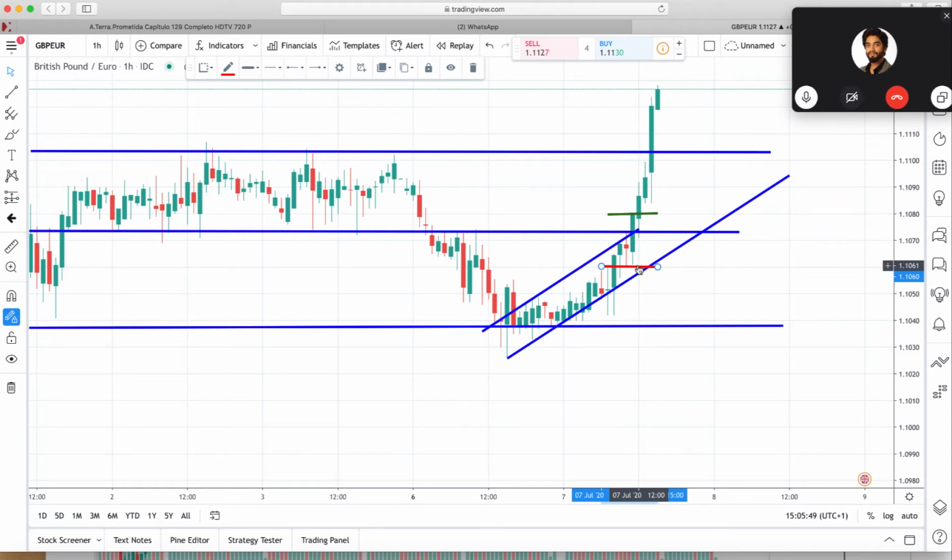If you place your stop loss around this candle, around this level, one thing you have to bear in mind is that your trade won't be 3-to-1. The ratio here is going to be pretty much 1-to-1, because the distance from this level to that level is pretty similar to this one here.